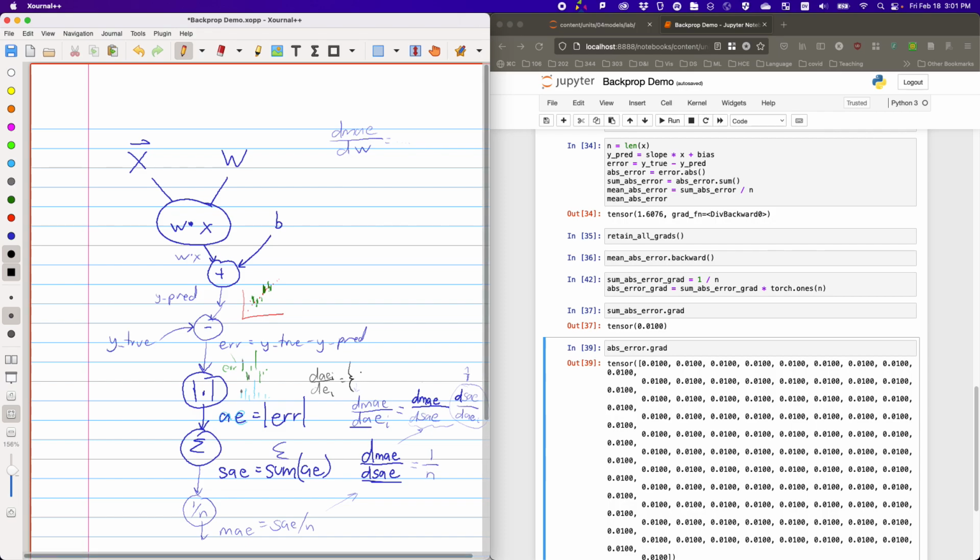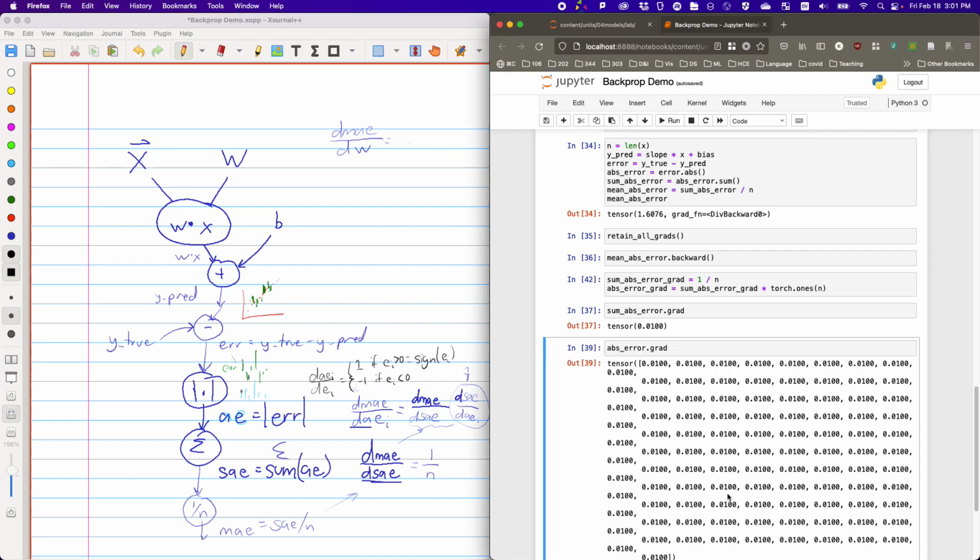If it was positive, then that derivative is 1. So 1 if the thing was positive, and negative 1 if that error was negative. Now there's a function that gives us exactly this: 1 for the positives and -1 for the negatives. Sign. The whole thing is sign of e.